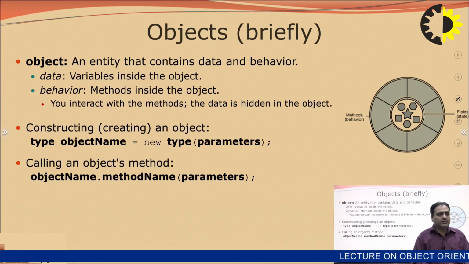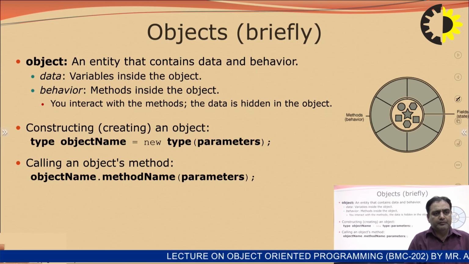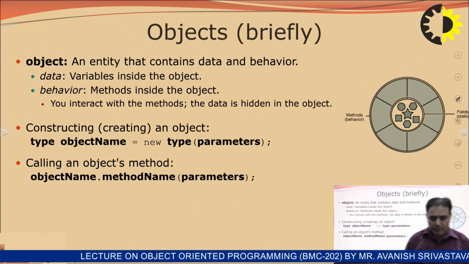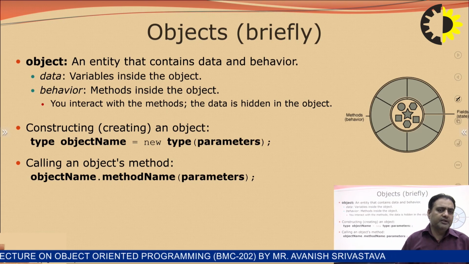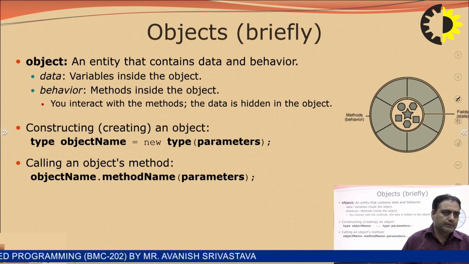So in these brackets, the parameters reflect the arguments which we are putting here, whether integer, float, or double, how many inputs we are passing, and what data types they have.